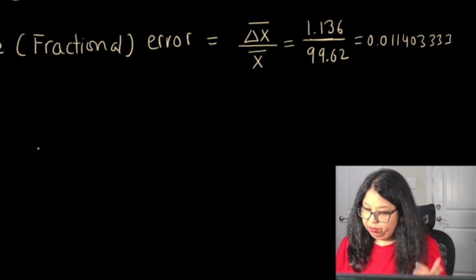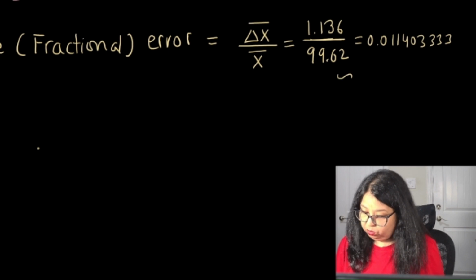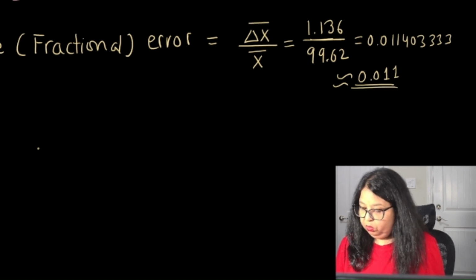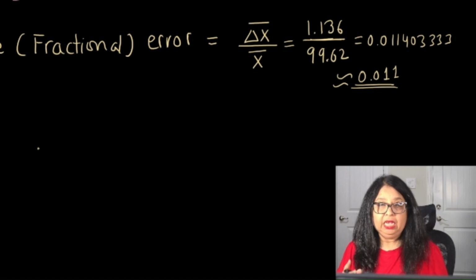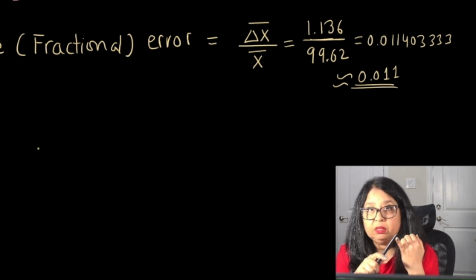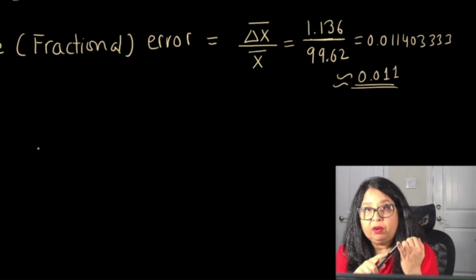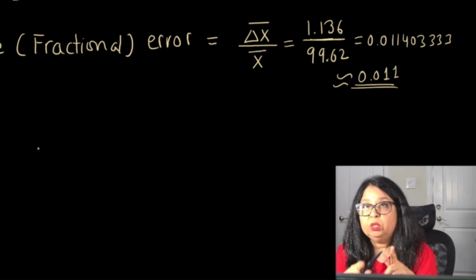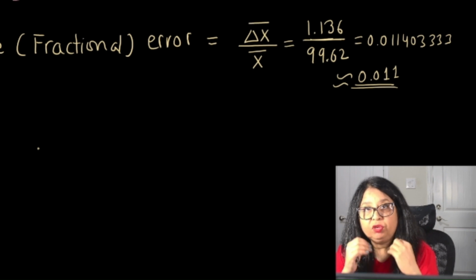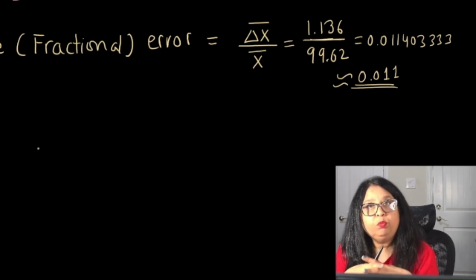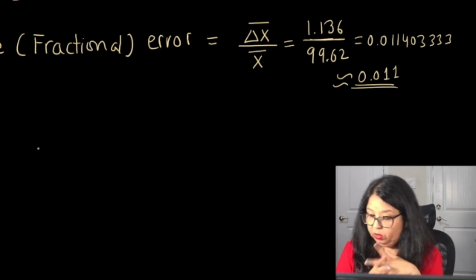So this can be rounded off to what? 0.011. So I'm keeping two sig figs. If the first digit in the fractional error is 1 or 2, then you should keep 2 sig figs. If it is 3 or larger, then 1 sig fig is sufficient.